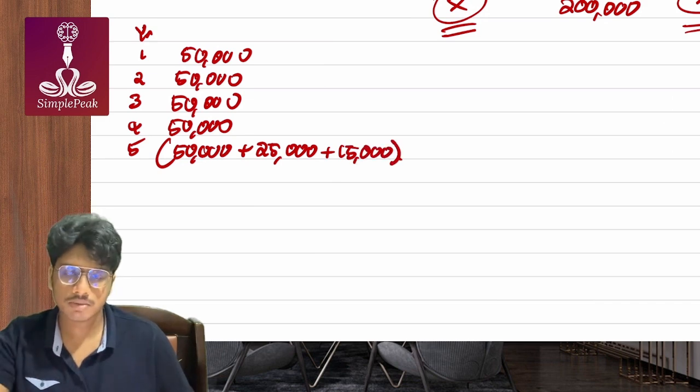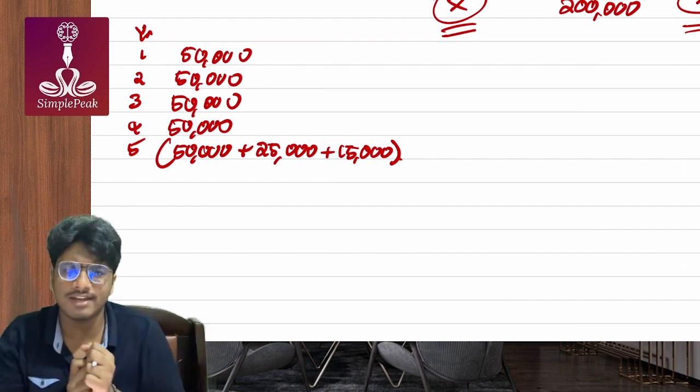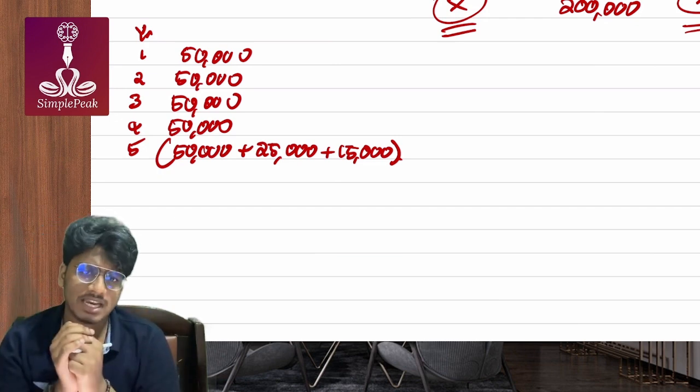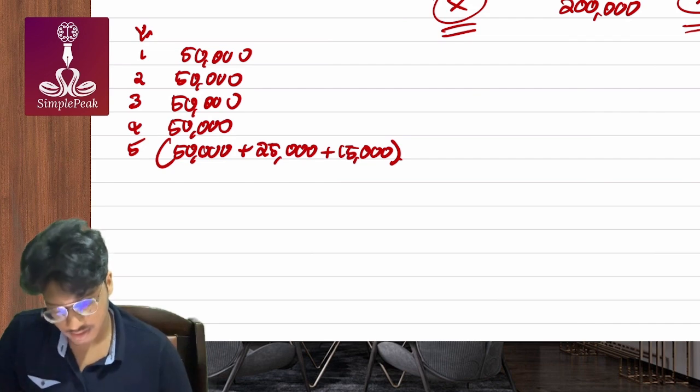You understand what I mean? Residual value means the value of the asset at the end of the lease term. That is the total residual value. Out of that, the guarantee is given by the lessee. The rest is unguaranteed value. That's why I have added the total over here.